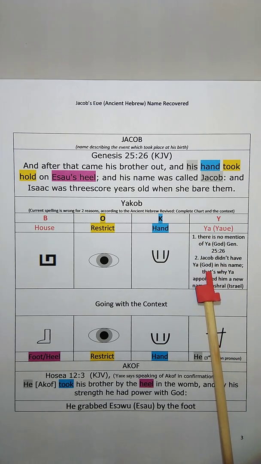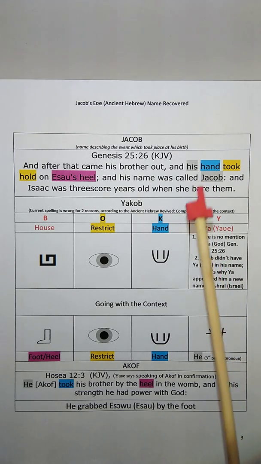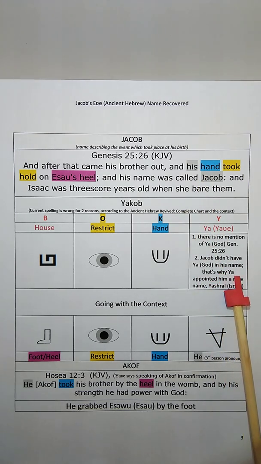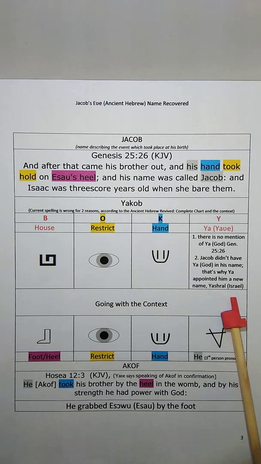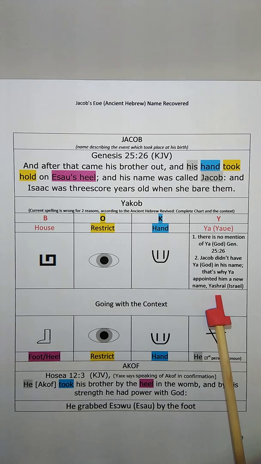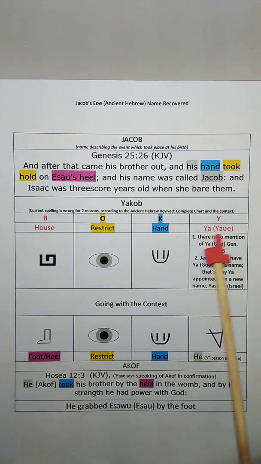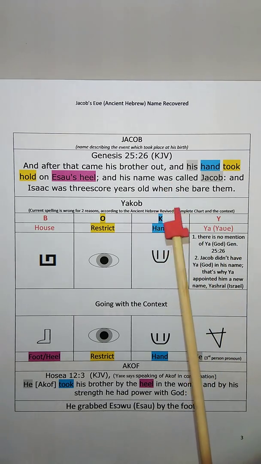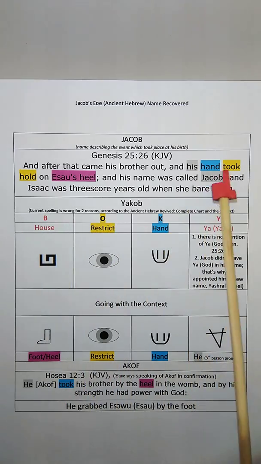And then the second thing is Jacob did not have Yah or Yahweh in his name, right? That's why Yah appointed him a new name. Yah appointed him a second name, which is what? Yashrael or Israel, and in Yisrael you have the Yah. Okay, so Yah is not in Jacob's name originally.